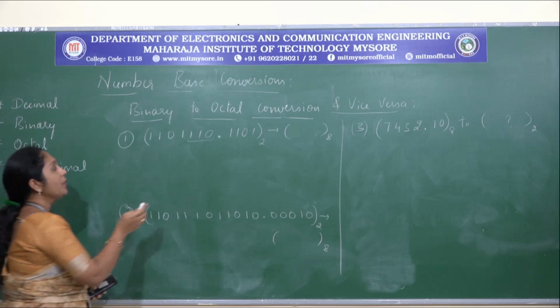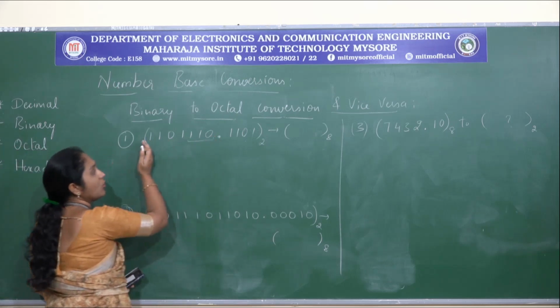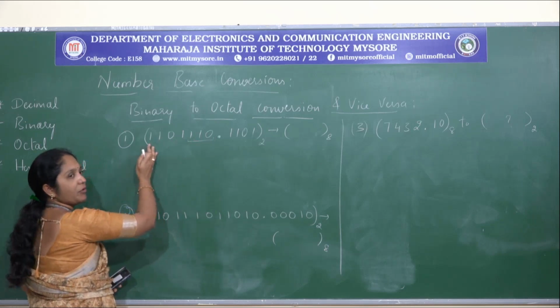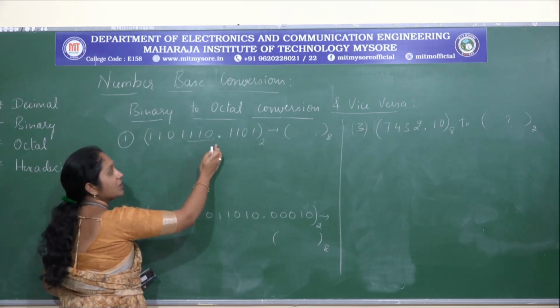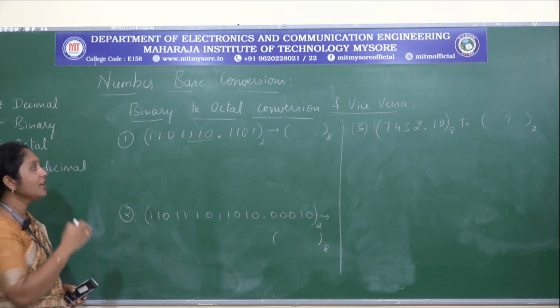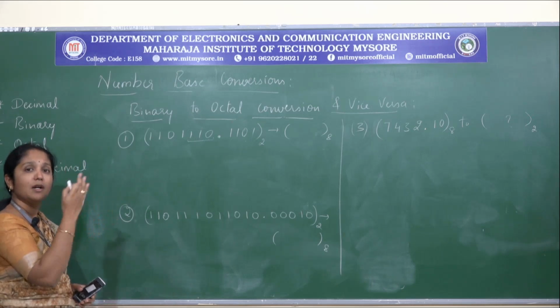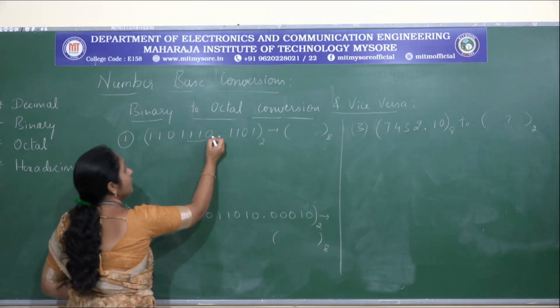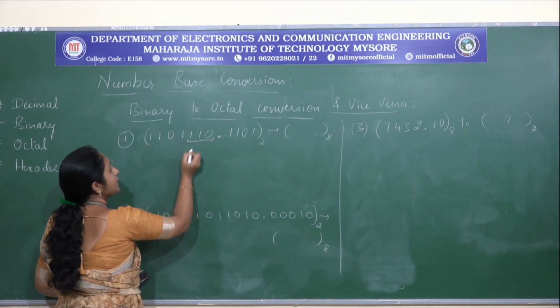Let us start grouping from the right side, we will move right to left for the digits what we have before the decimal point, and for the digits what we have after the decimal point, let us move from left to right, so that you need to keep in mind. Yes, so I have made a group of 3 bits here.